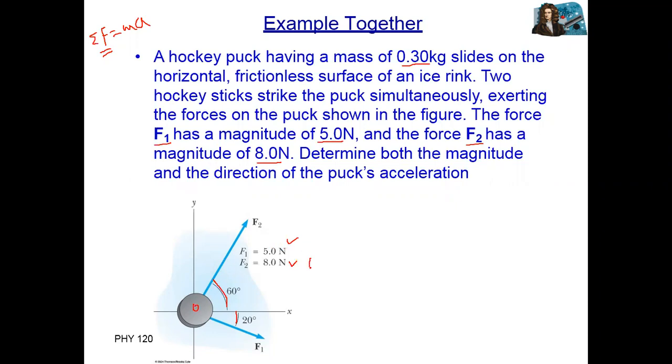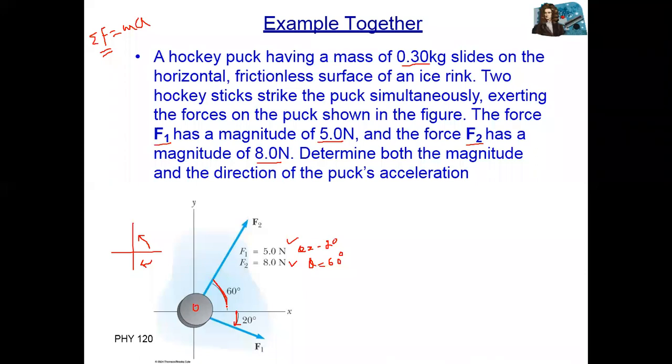The angle for the second one is 60 degrees. But what about the first one? Theta for the first one is minus 20, not plus. This direction angle is considered positive, and this direction, clockwise, will be negative. So this is minus 20, but this one is plus 60. If we take it as 340, is it also correct?